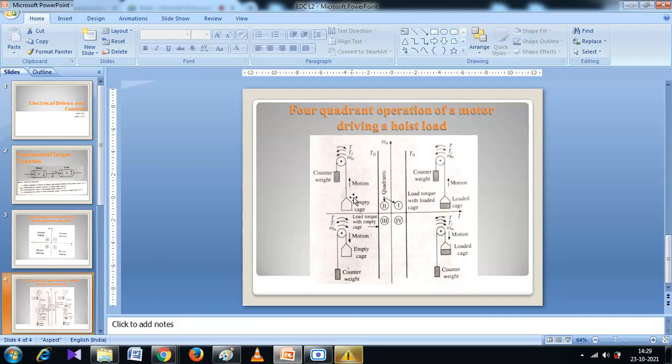Due to gravity, what will happen? We consider the counterweight is greater than the empty cage. Then what will happen?